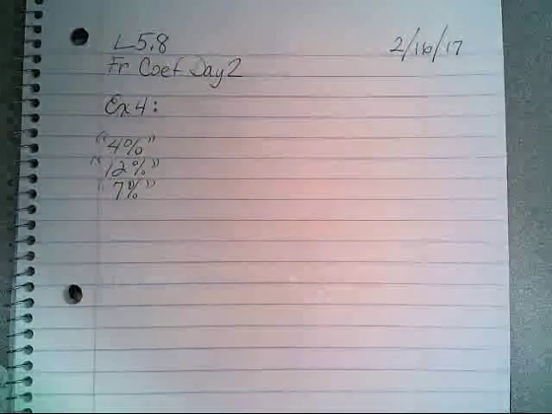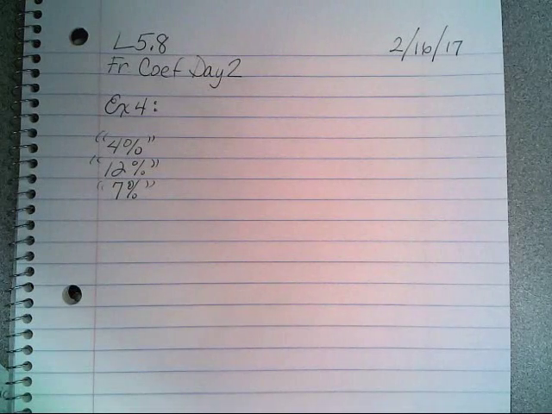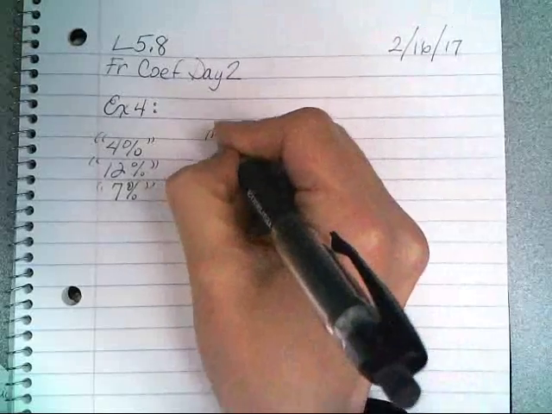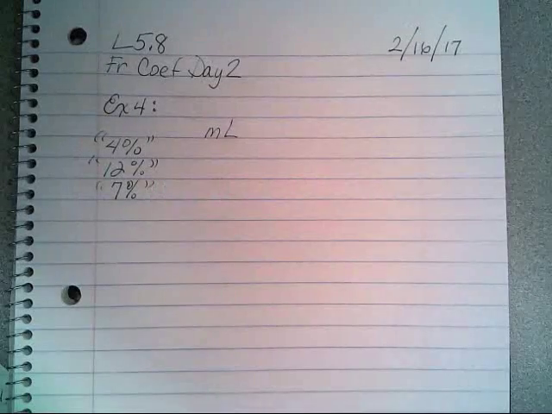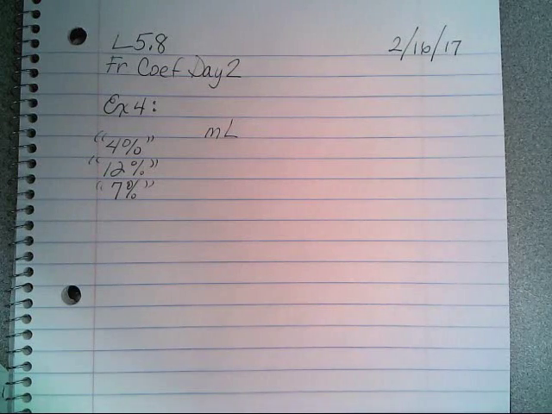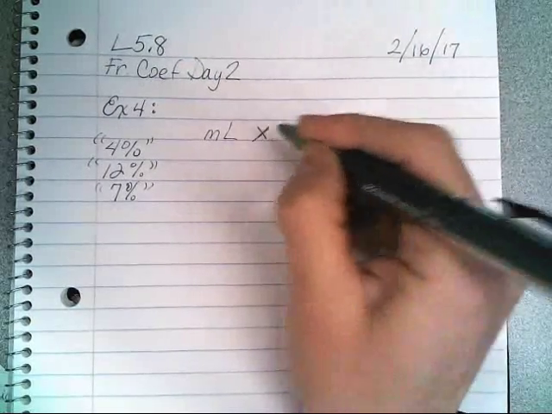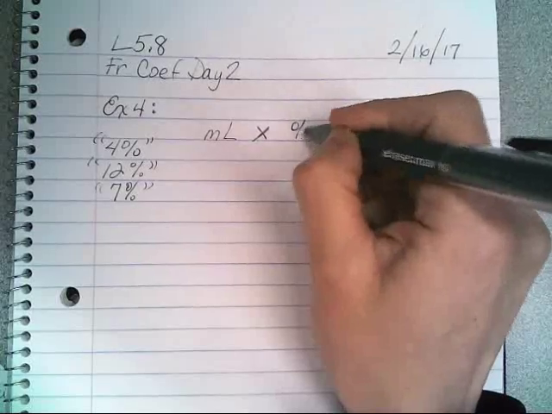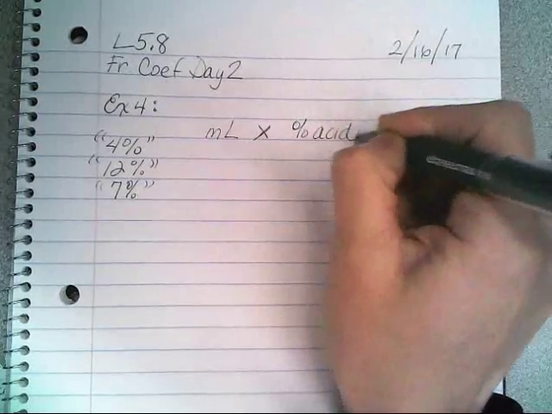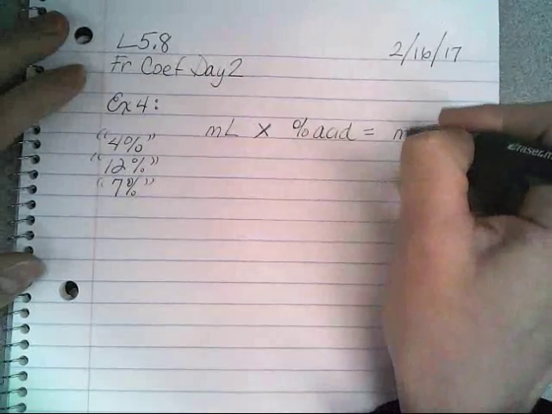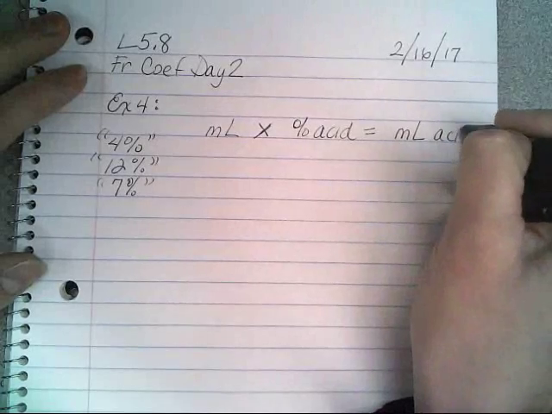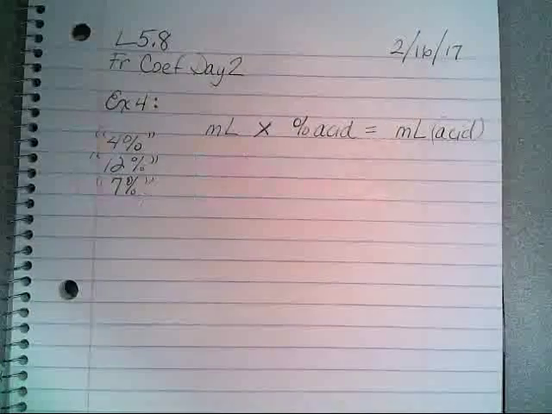7%. Okay, so the quantities are expressed in milliliters, and the milliliters multiplied by the percentage of acidity actually do give us how many milliliters of acid in question.